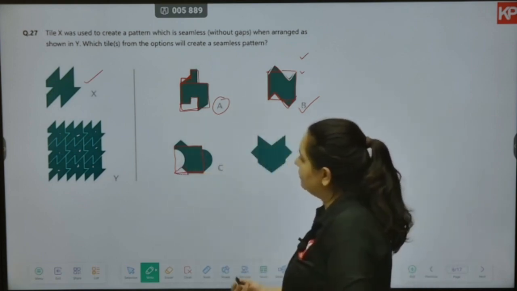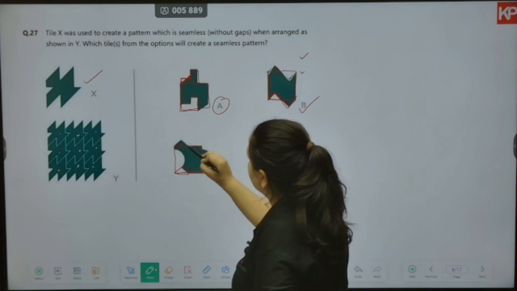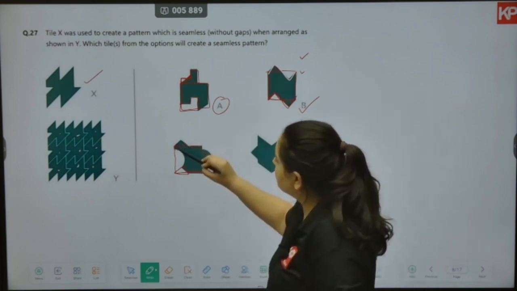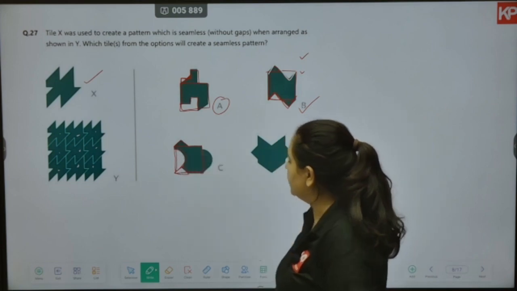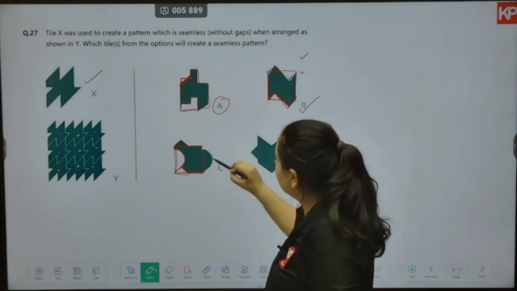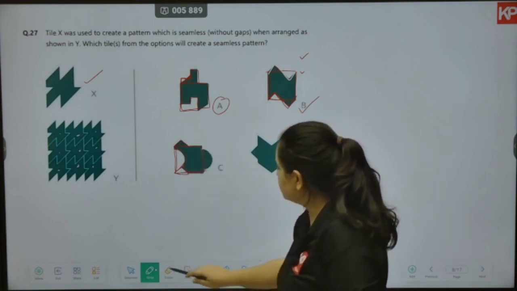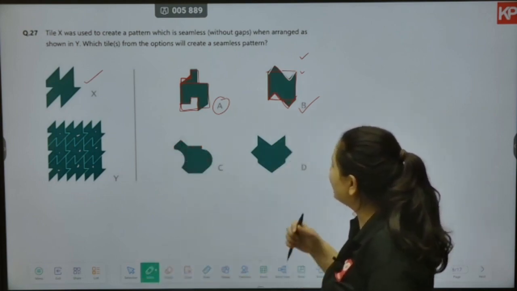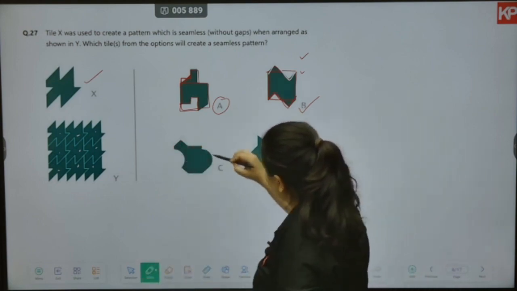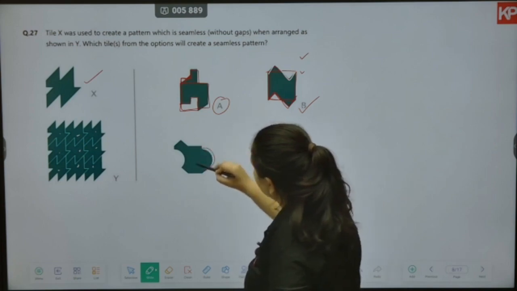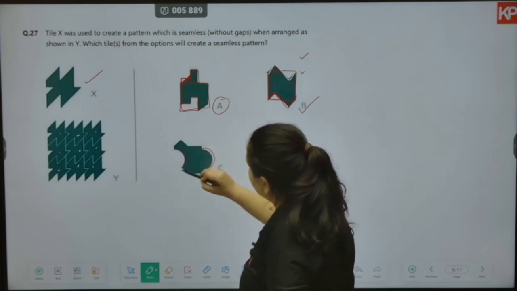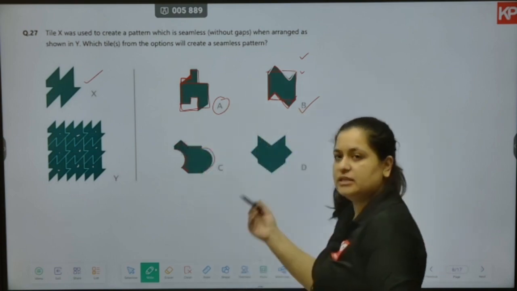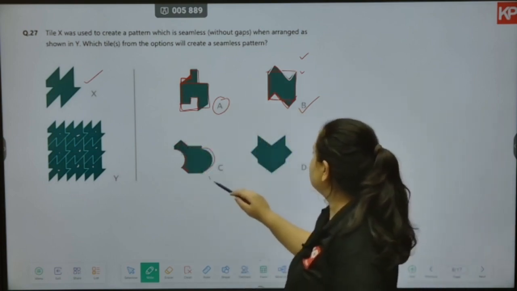Are we adding it anywhere? Yes, we are adding it over here. Now let's check for the other shape. We are deducting a semicircular type of shape from here. Are we adding it to the right side? Yes, we are. So this is giving us a pattern which is going to fit exactly with each other. Meaning this circle is going to fit into this circle and this triangle is going to fit in this shape. So this is also going to tessellate.